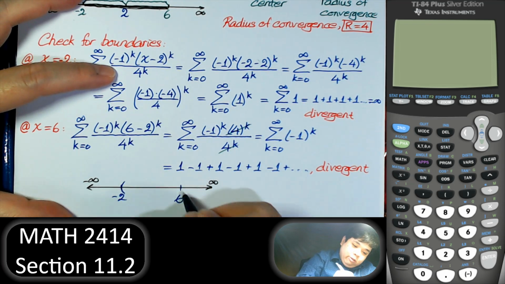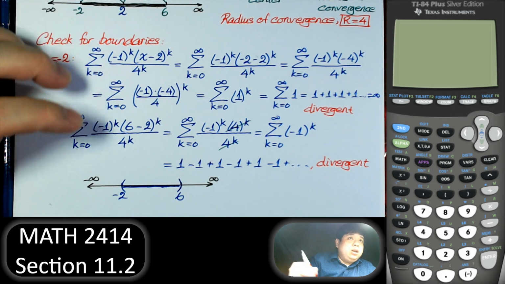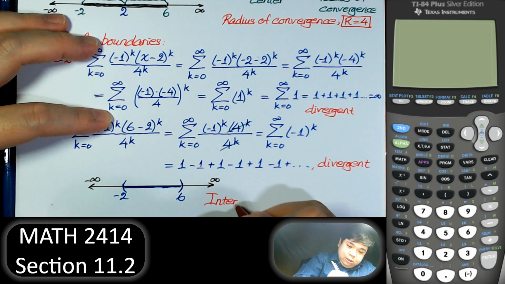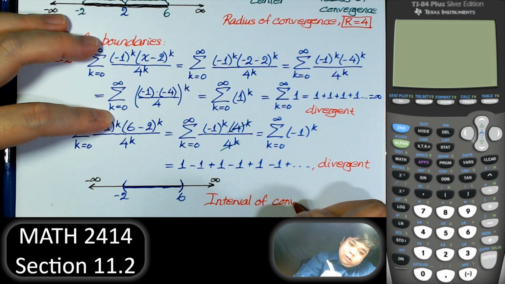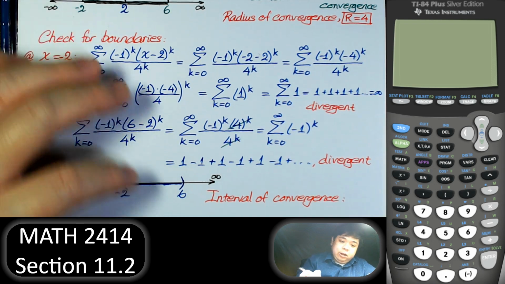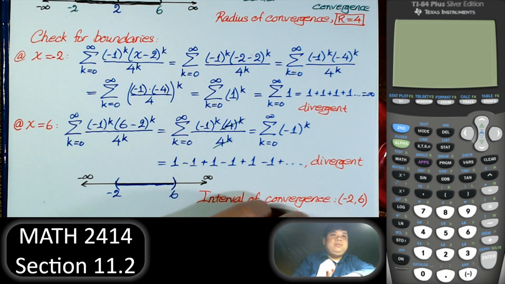So the interval of convergence is not including the 2 and the 6, but it is between them. So we write interval of convergence from negative 2 to 6, not including the endpoints.